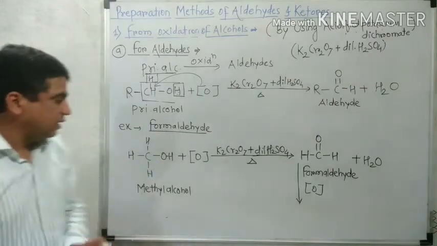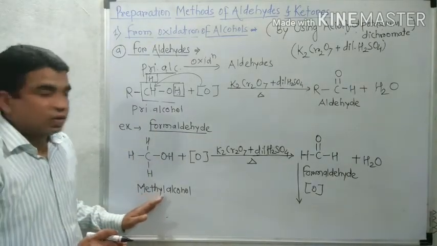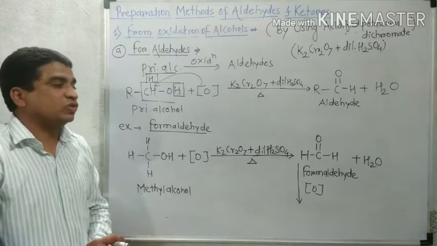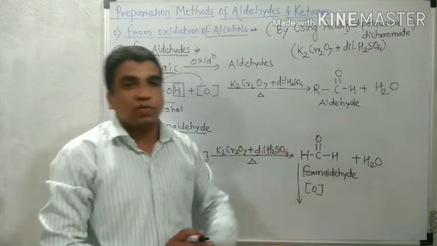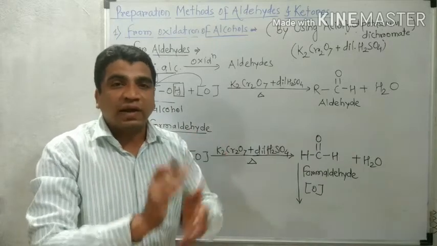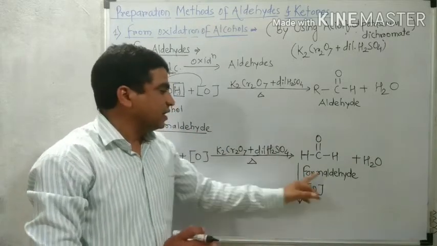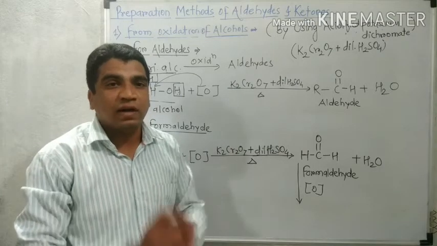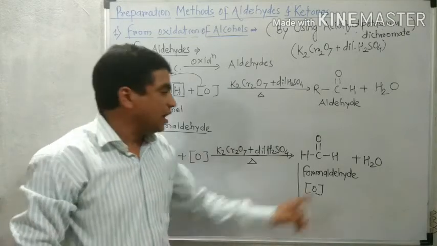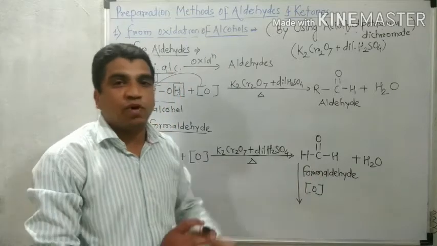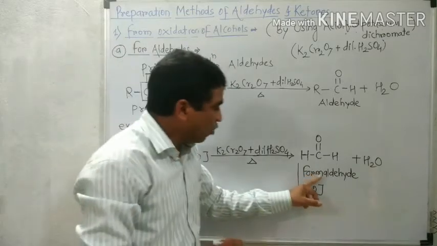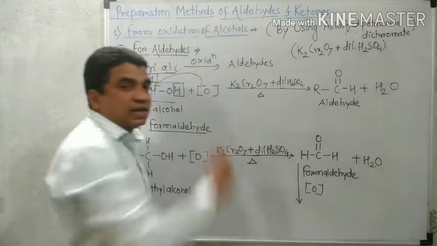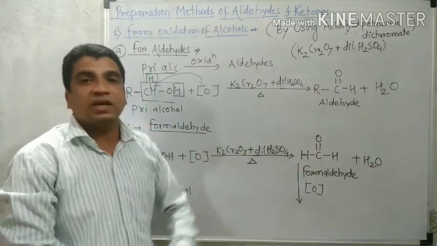What happens first? When methyl alcohol is oxidized using K2Cr2O7 and dilute H2SO4, the reaction first gives formaldehyde. The expectation is that the reaction stops at the stage of formaldehyde, but the reaction cannot stop there. Formaldehyde again undergoes oxidation in the same reaction, with the same oxidizing agent.